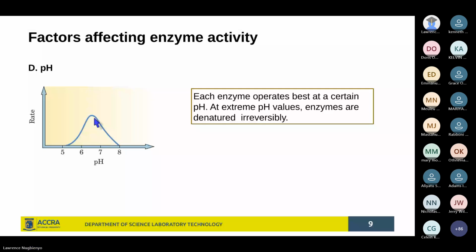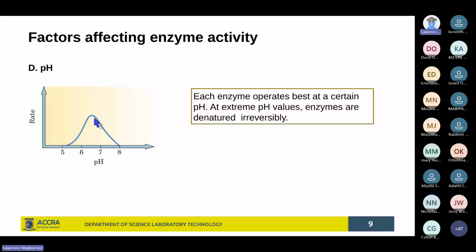They have an optimum temperature for their enzymes, somewhere around even the boiling point of water, like 100 degrees Celsius. These are thermophilic bacteria. They live at such very high temperatures.